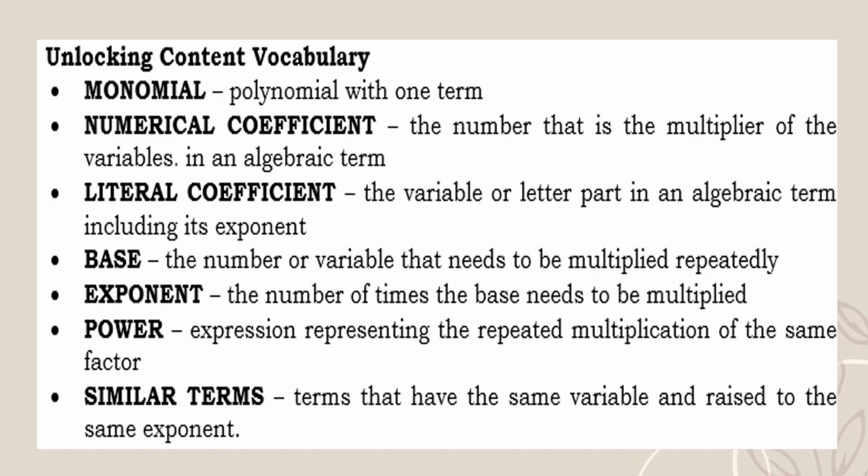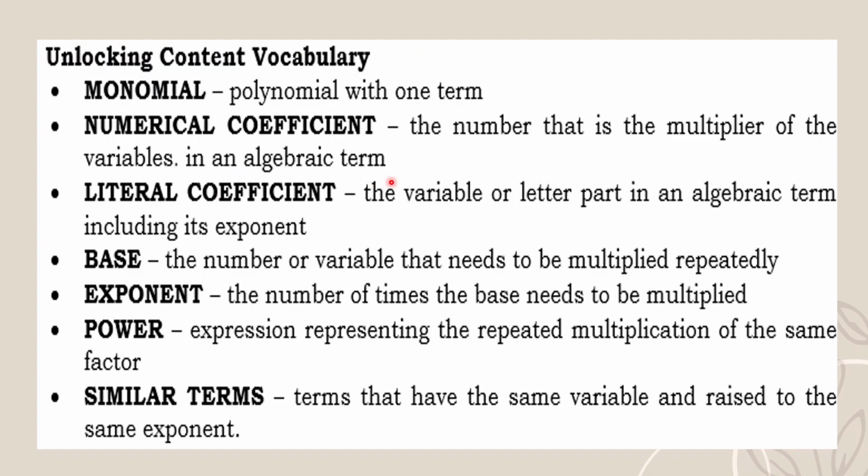Now let's unlock some difficult content vocabulary. So here we know that a monomial is a polynomial with one term. Okay, you know that already. Numerical coefficient is the number that is the multiplier of the variables in an algebraic term.